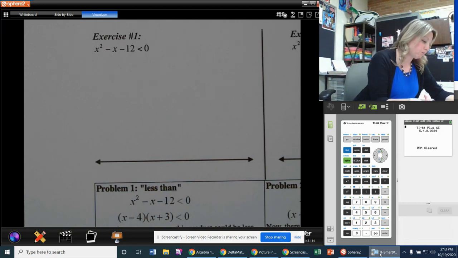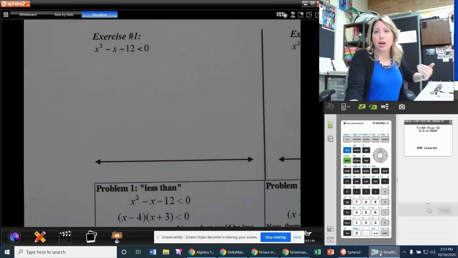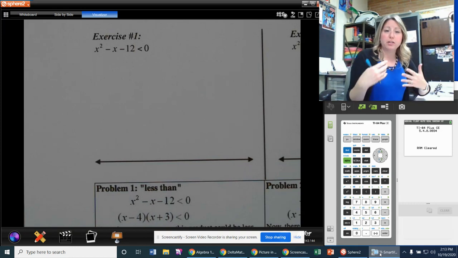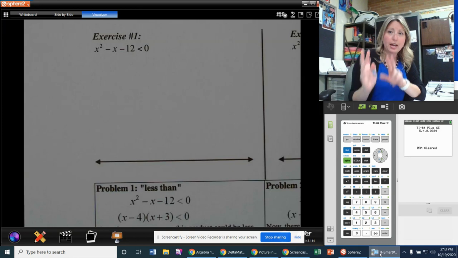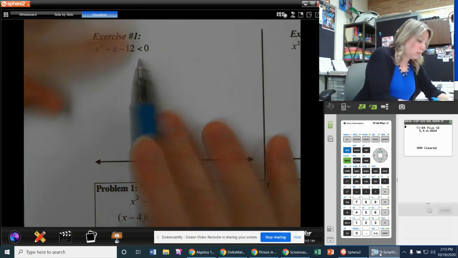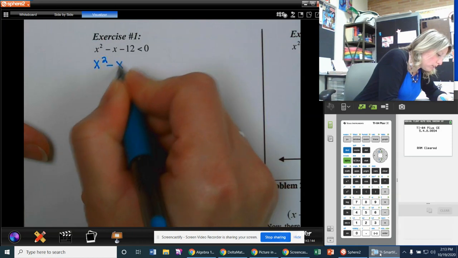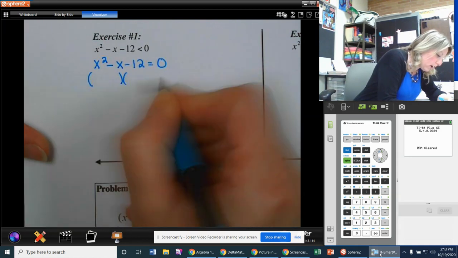We'll start here. First things first, is one side 0 and the other side all polynomial? Yes. So that's the first thing you need, because the zero product law is still at play. What I do is I pretend that this is just an equal sign. So I pretend I don't have an inequality sign for a sec, and I just factor and t-chart.